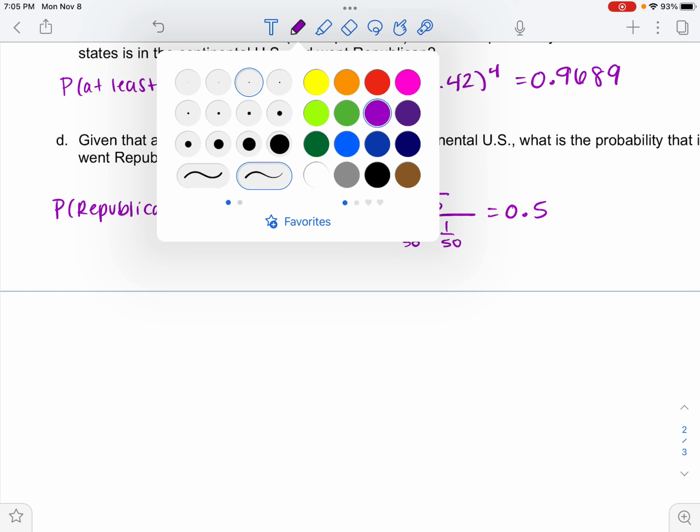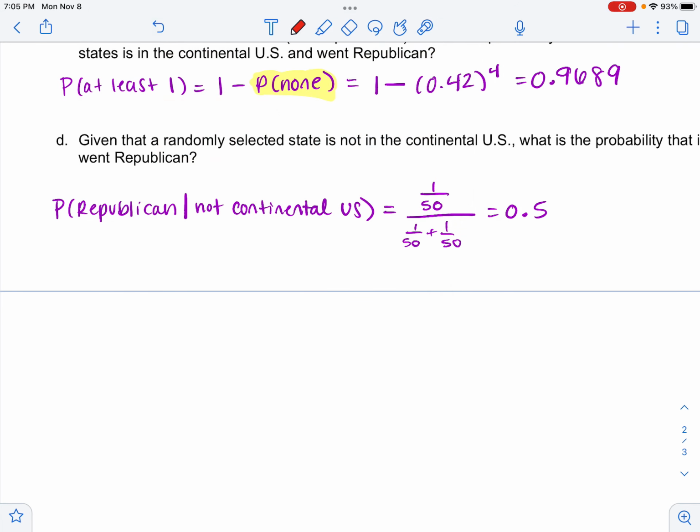Now, where did I get those numbers from? Remember, the numerator is the probability of both, so the Republican and not continental. Technically the union, right? Sorry, not the union, the intersection. And the denominator is just the probability of the given.